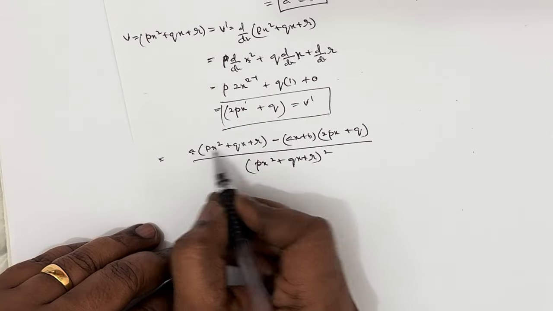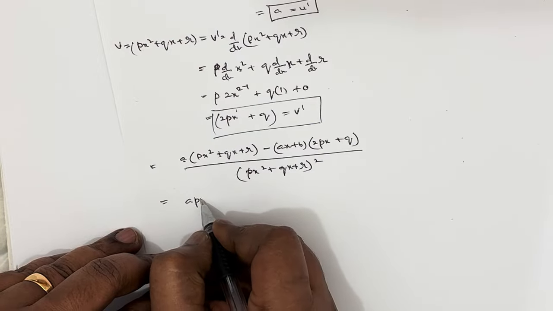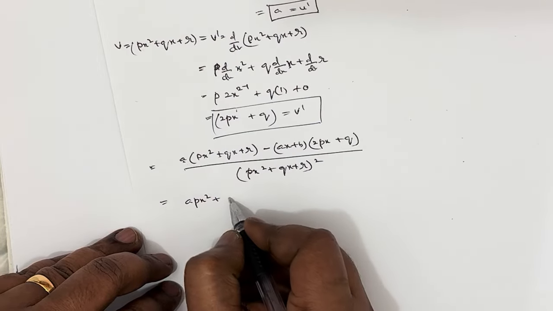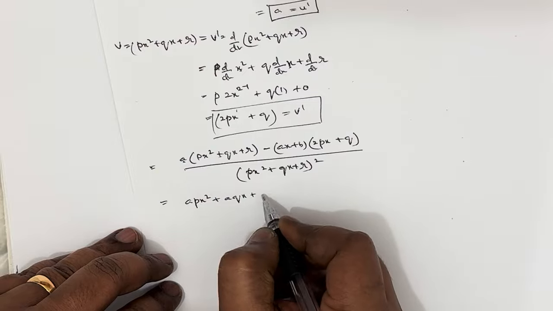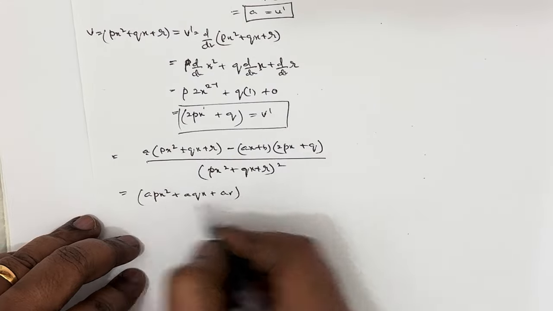Now let's multiply the a inward, so it becomes apx² + aqx + ar, and let this be in brackets.